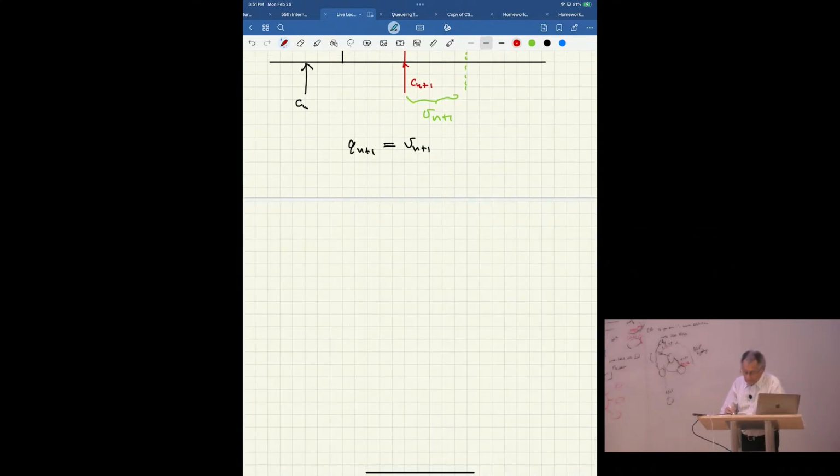So we finally reach this final equation for today. It says the following: that Qn plus 1 is equal to one of two things. It's either Qn minus 1 plus Vn plus 1, and that's if Qn greater than 0, or it's equal to Vn plus 1 if Qn equals 0.